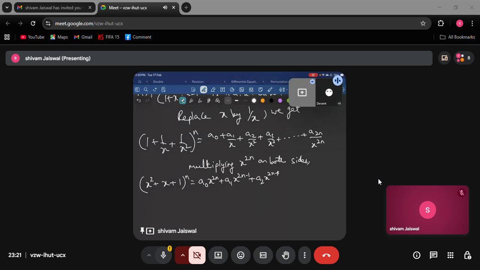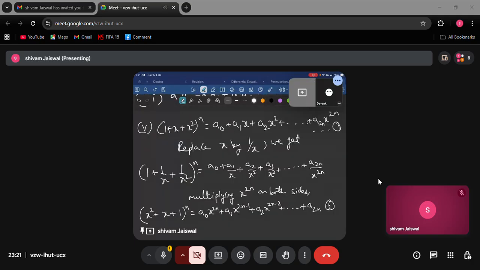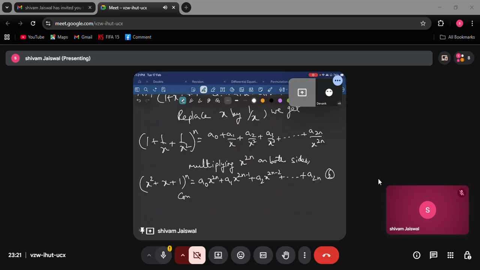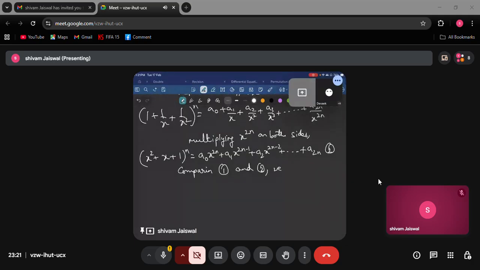Now comparing equations 1 and 2, what do we get? We get a0 is equal to a2n, a1 equal to a2n minus 1, a2 equal to a2n minus 2, dot dot dot, ar equal to a2n minus r.